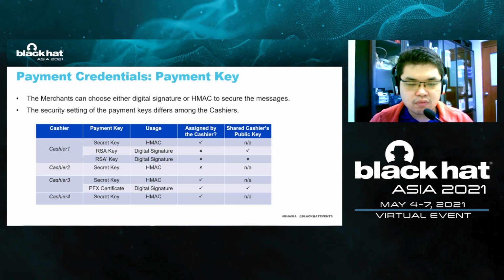In the case of digital signatures, both the merchant and the cashier need to maintain a pair of asymmetric keys and share their public keys to validate the incoming messages. However, the public key of the cashier tends to be global across the merchant apps. These security settings can cause some security issues, and I will talk about the corresponding drawbacks later.